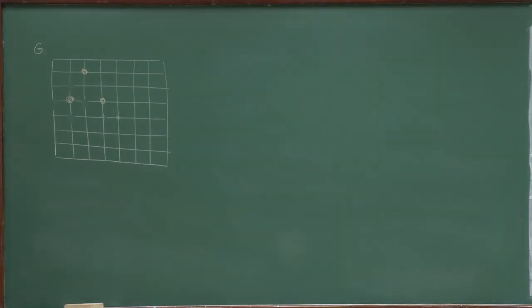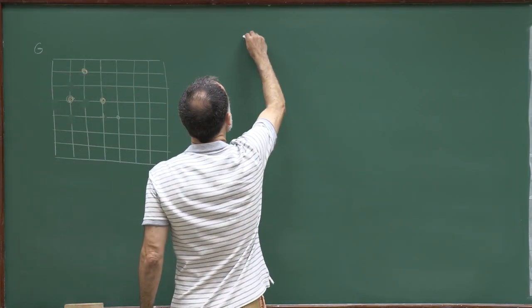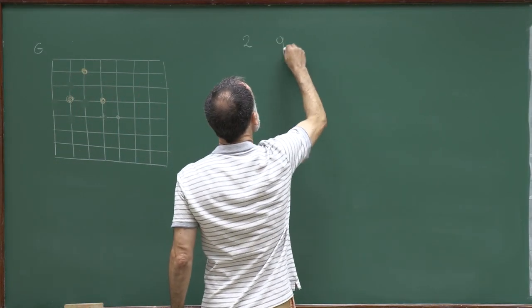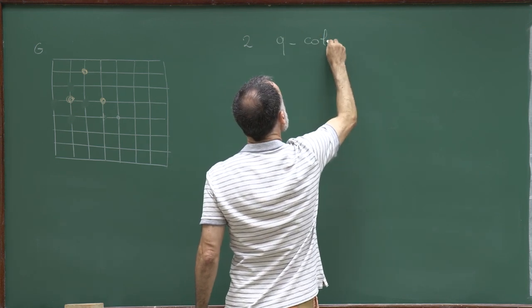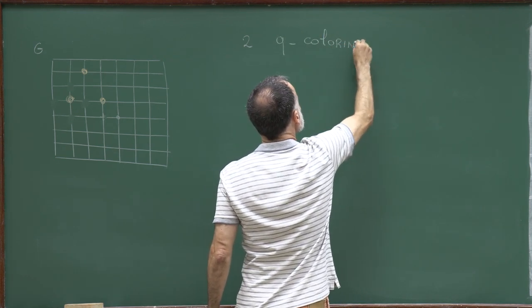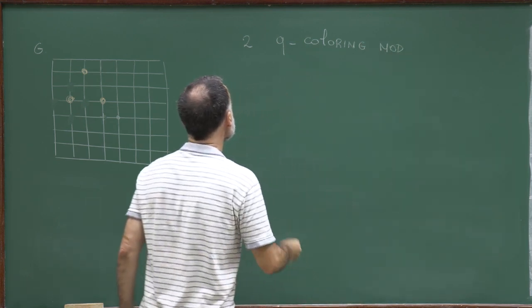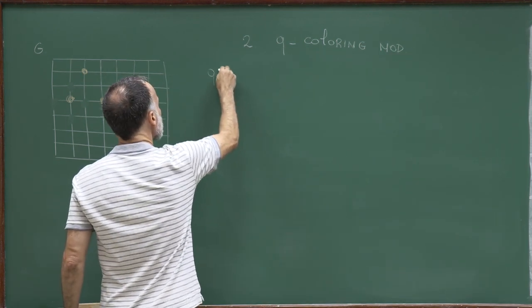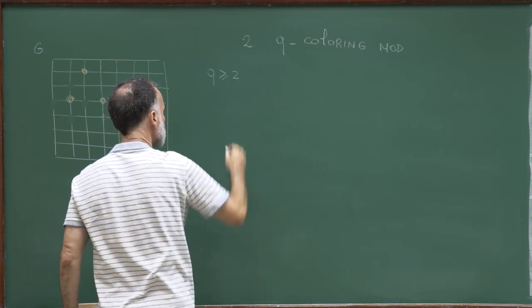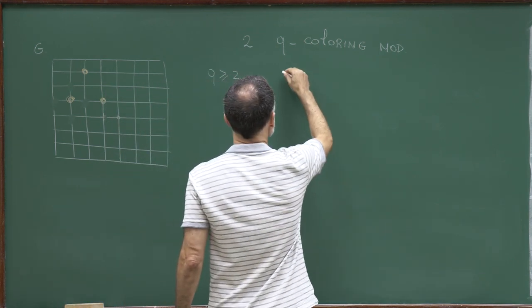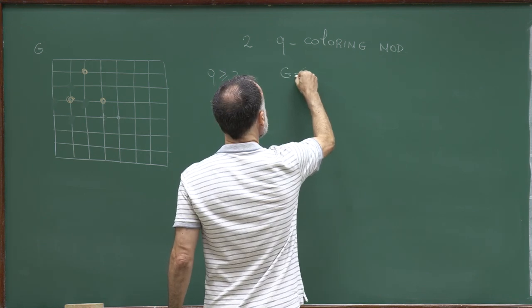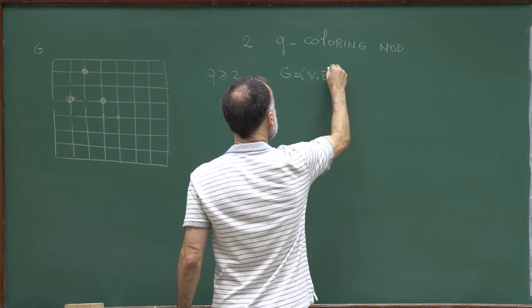So let me give you now a second example, which is called the Q coloring model. So now you fix Q larger than 2, and you have again a graph, G, which is (V, E).